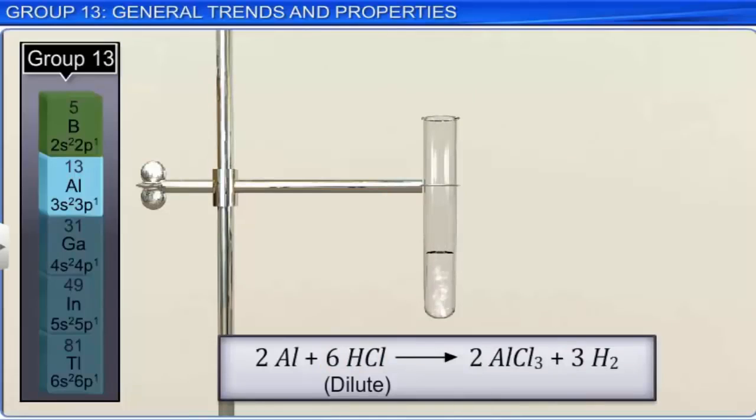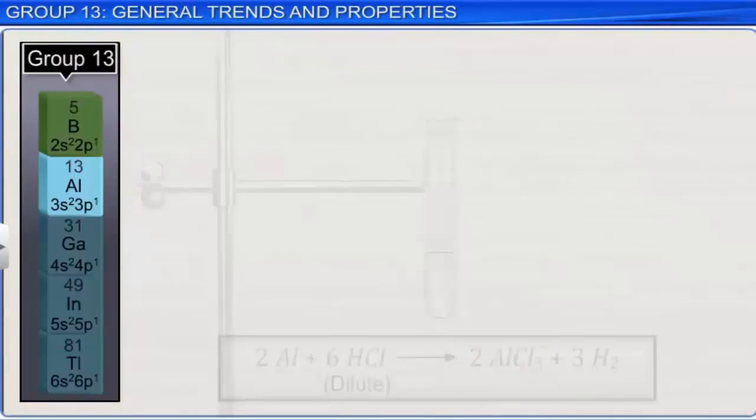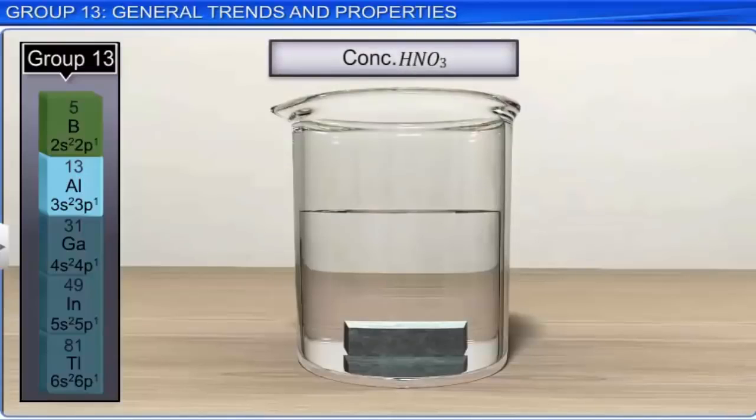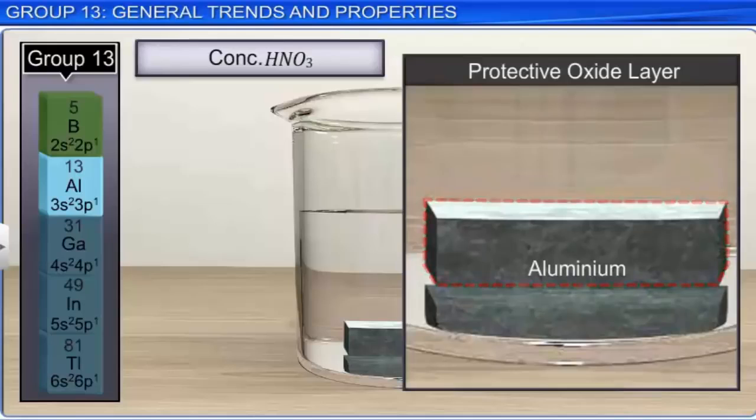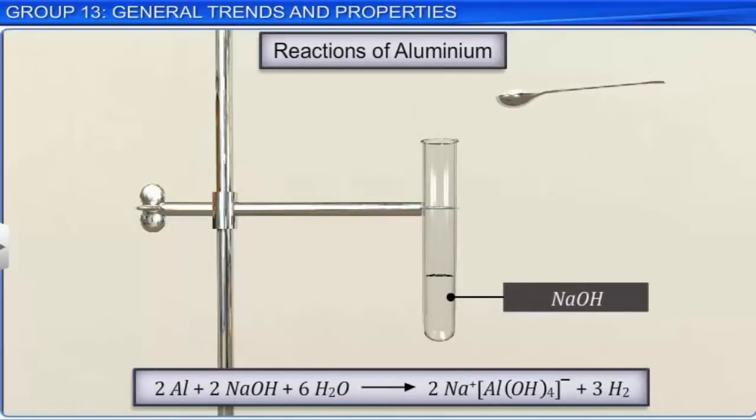Hydrogen gas bubbles out of the mixture. In the presence of concentrated nitric acid, aluminium forms a protective oxide layer on its outer surface, preventing further reaction. In the presence of hydroxides, aluminium reacts to form complex ions and release hydrogen gas.